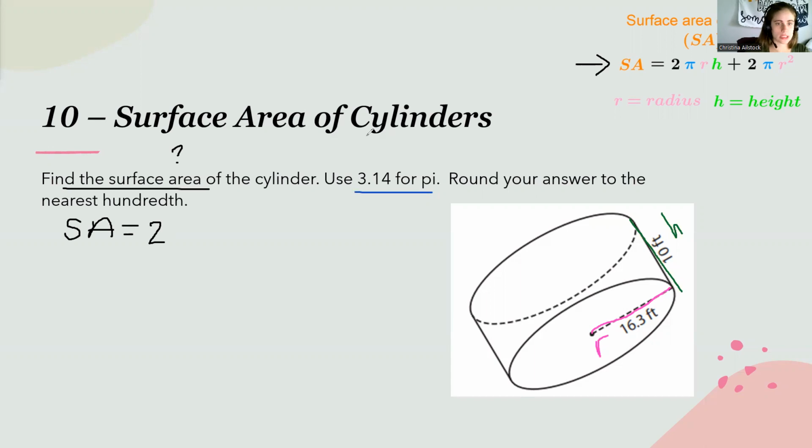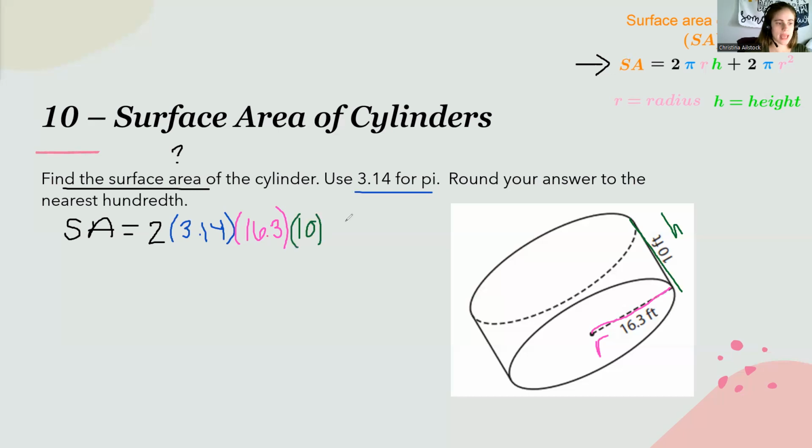and then we have 2 times pi, which is 3.14, times our radius, which is 16.3, and then times our height, which is 10.